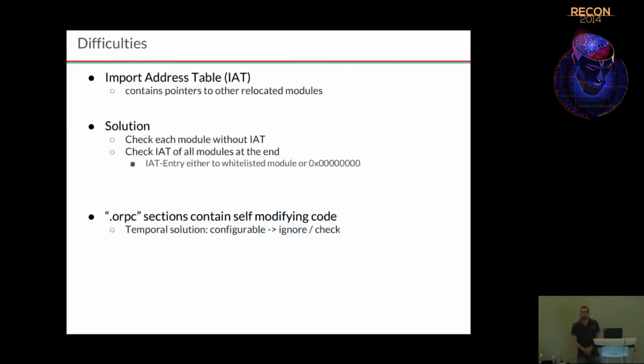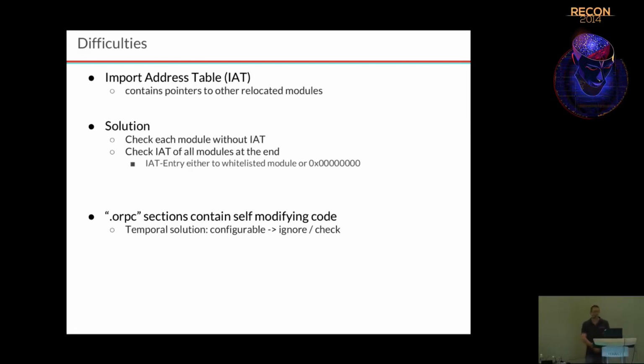This, of course, introduces some difficulties. For example, the IAT, the import address table, contains pointers to other relocated modules, which are, of course, dynamic. So you cannot easily compare them byte per byte.